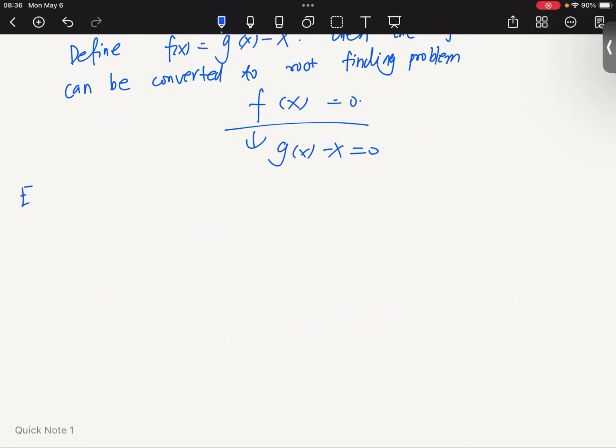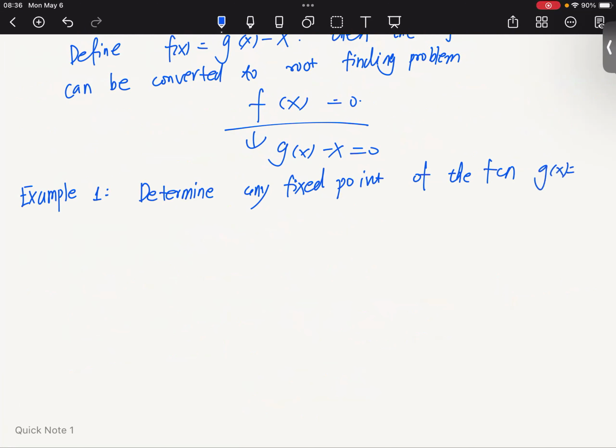For this example, let's determine any fixed points of the function. I'm going to use some shortcut here: g(x) equals x squared minus 2.